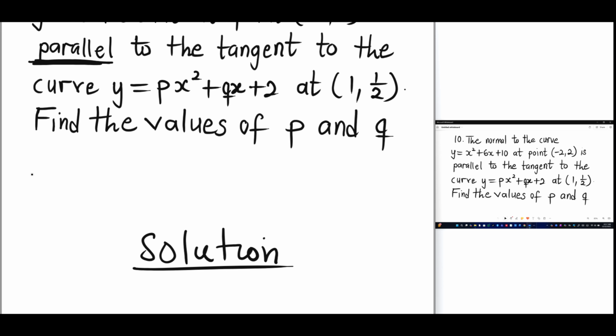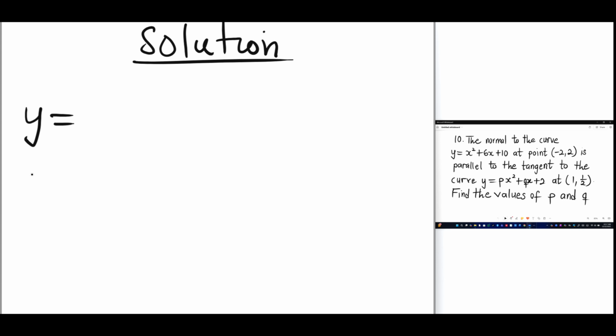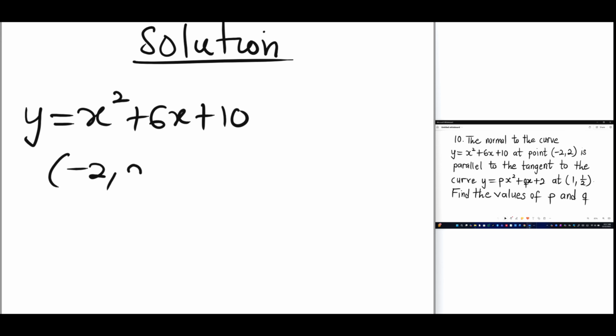All right, so we have our solution here. The first curve is y is equal to x squared plus 6x plus 10. We have a normal to the curve at a given point, which has x coordinate of -2 and y coordinate of +2.